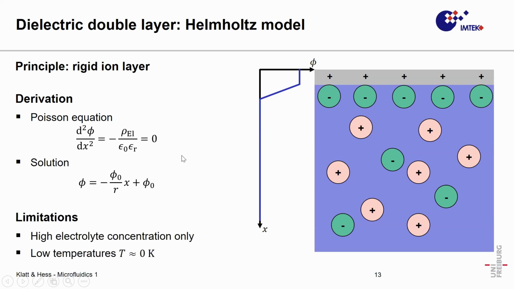This very simple model is only valid if you have a very high electrolyte concentration, or if you're working at very low temperatures of about 0 Kelvin.